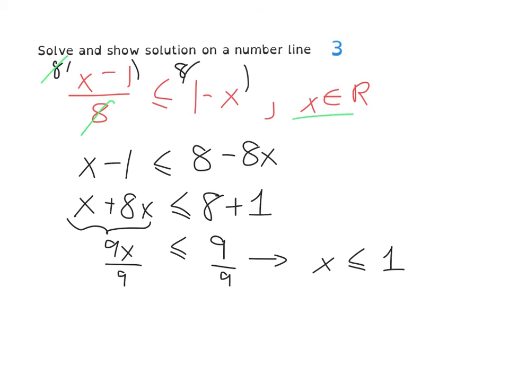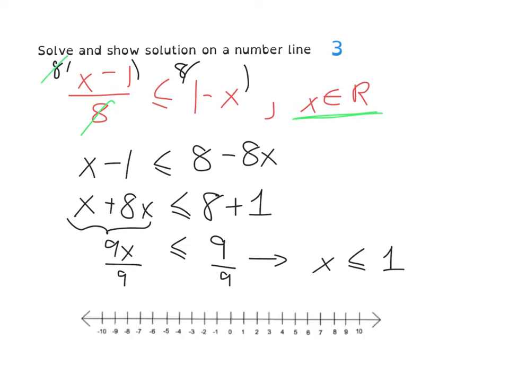So we have to remember this is a real number, so let's get our number line. And we have to mark on the number line all numbers less or equal to 1. So let's mark 1. It includes 1, so the whole circle, and then we're going this way. Okay, so all numbers here.